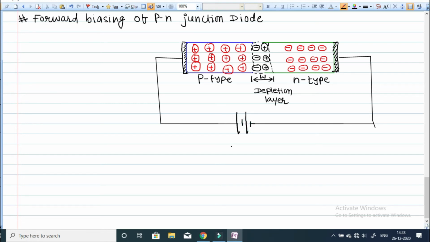So this is the case when a PN junction is forward biased. So what happens when a PN junction is forward biased? First we will see what forward biasing is.